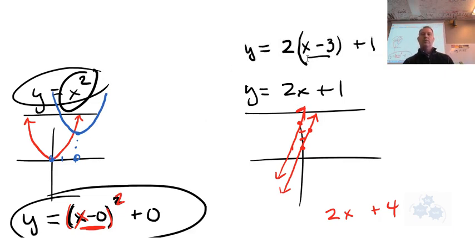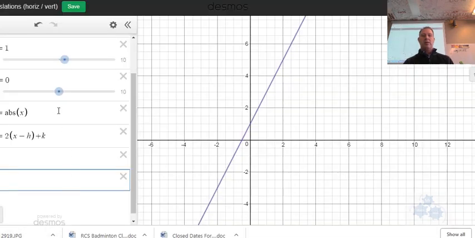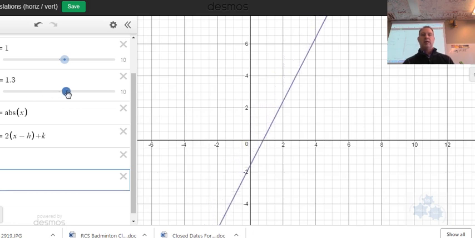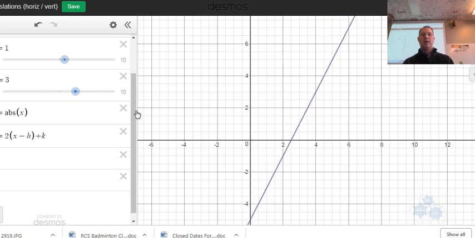Okay, so if you want to move it horizontally, it has to be right with the x, not in with all this number right here. And on Desmos, this is what it looks like. So here's our format, and right now we have y equals 2x minus 0 plus 1. That's what this original graph is. And if I move the h value here, if I go to 3, then it's going to move that graph over 3 units from where it was.